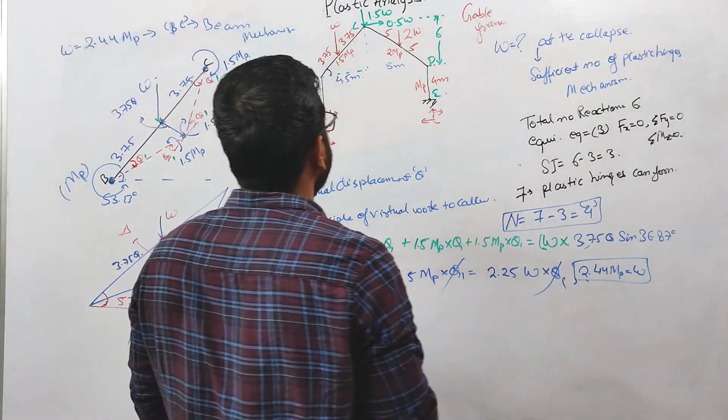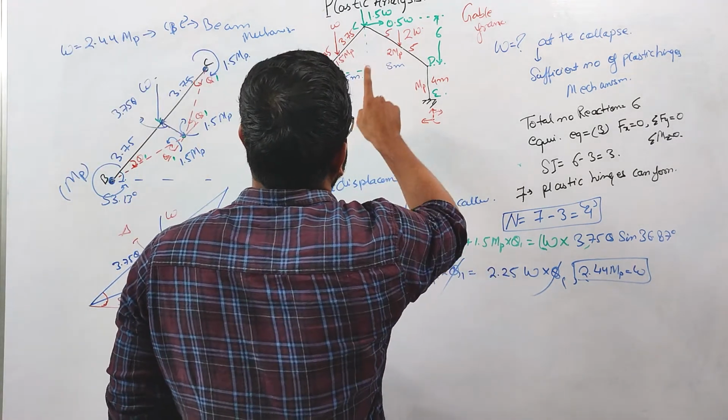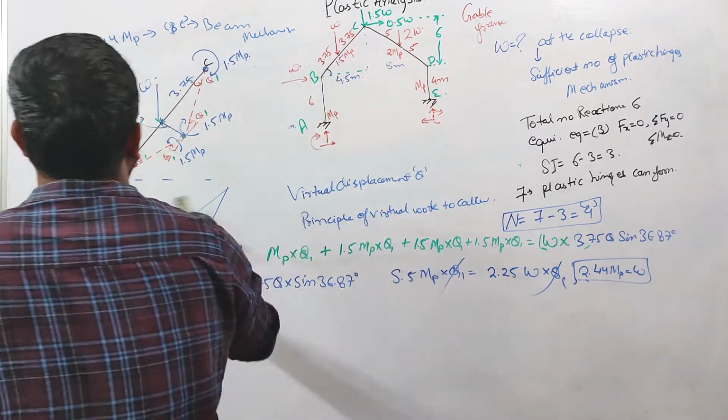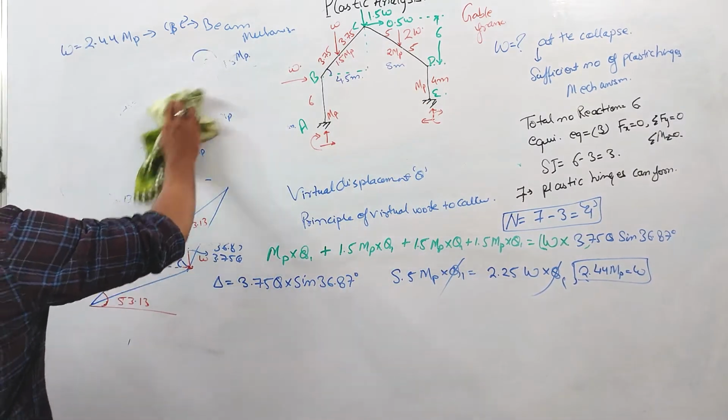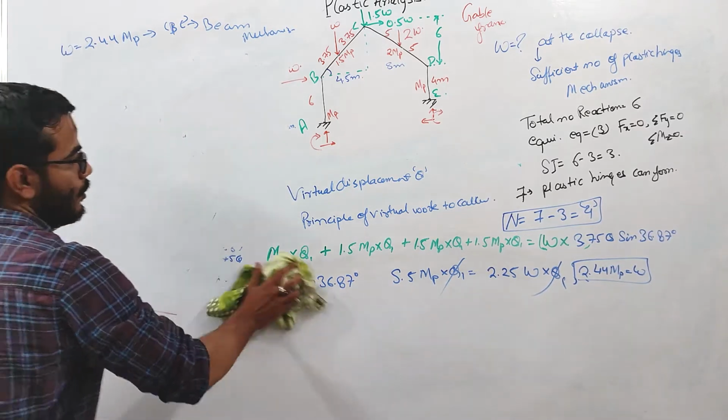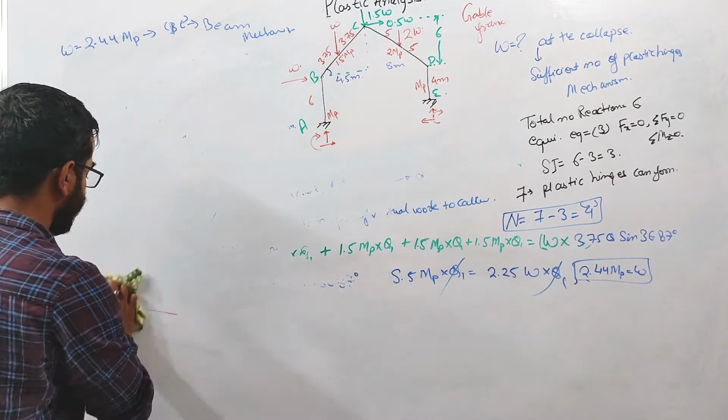Now we will be calculating what will be the collapse load when the mechanism is forming in this CD member. Guys, this is a very, very important problem, so you need to understand this problem very carefully.